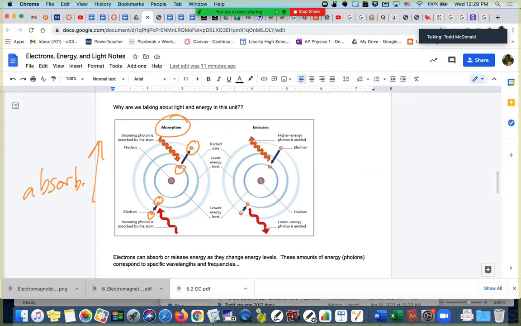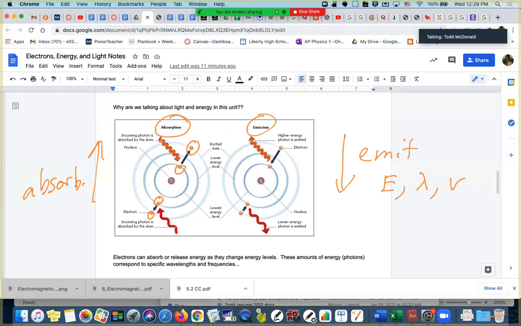And typically when those electrons get excited and they jump to a higher energy level, they don't stay there very long. And so what ends up happening is they fall back down and they emit light. The light that's emitted has a very specific energy, wavelength, and frequency to it. So that's what we're connecting to here, is this is all about the electron in this unit.